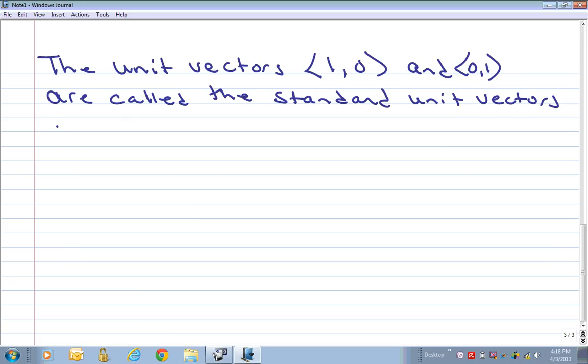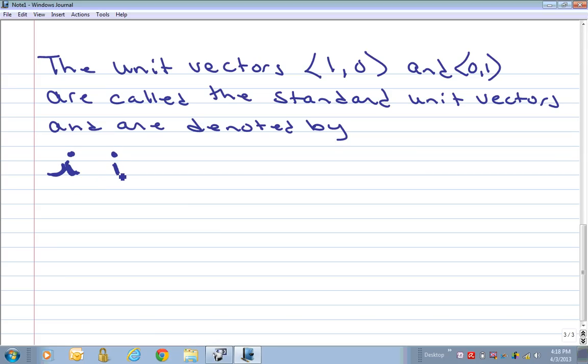They are denoted by a bold I. It's usually just a regular I. I kind of make mine look like a script I, but it's usually just an I like that.